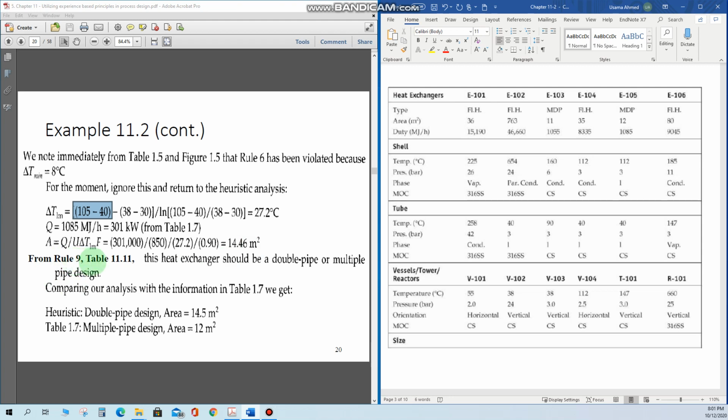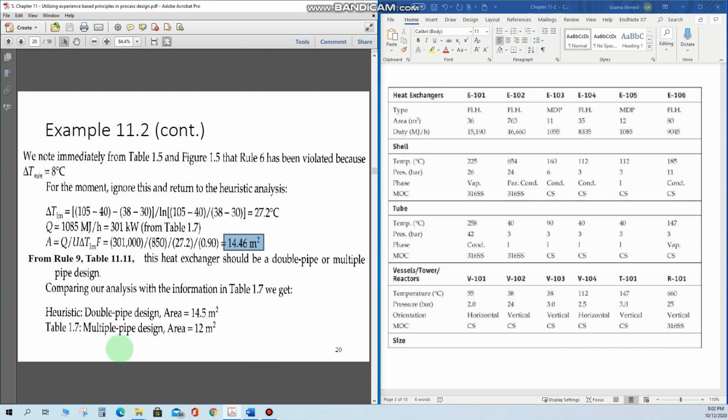Now from rule number 9 and from table 11.11, this heat exchanger should be a double pipe or multiple pipe design. Comparing our analysis with the information in table 1.7, we get the heuristics double pipe design. The area can be 14.5 meter square, which is the area that we have already calculated from the heuristics.